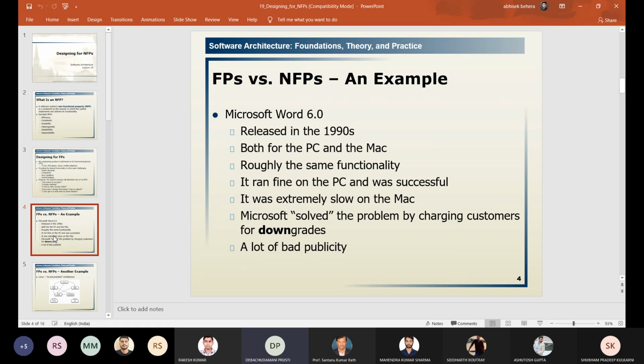Microsoft solved the problem by charging customers for downgrades. A lot of bad publicity followed. So with the functional properties, we are adding the non-functional properties. One may work with proper functionality on the PC and may fail on the Mac.